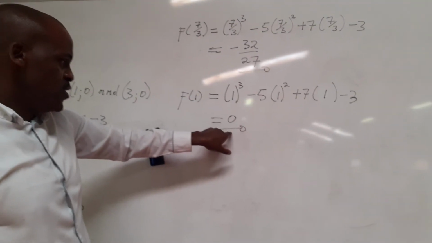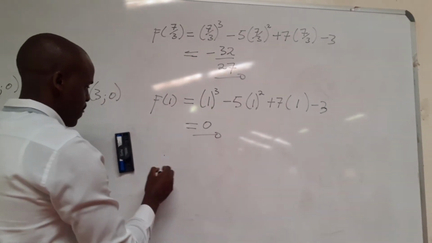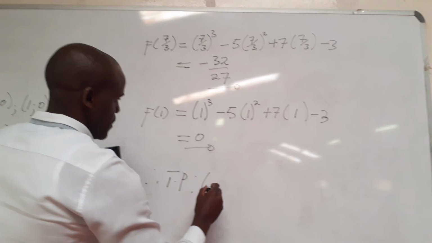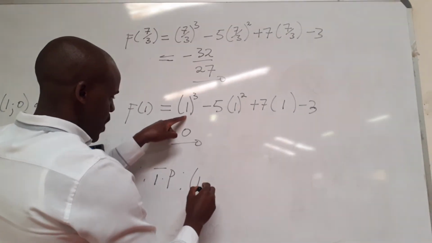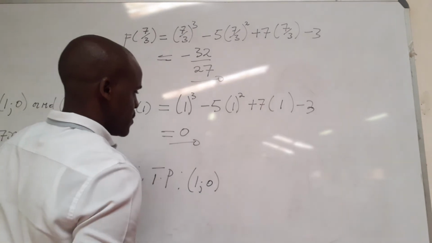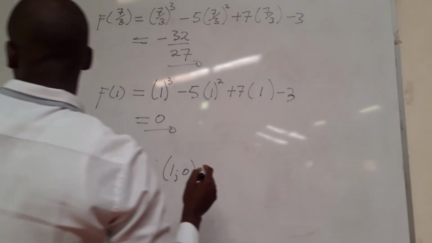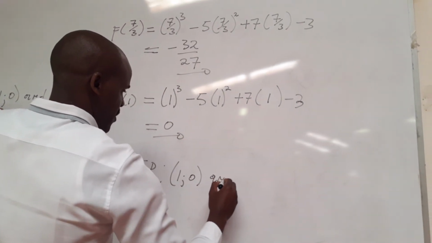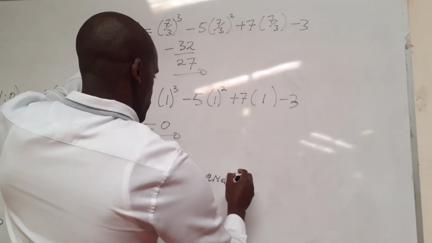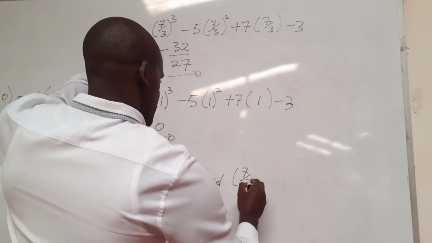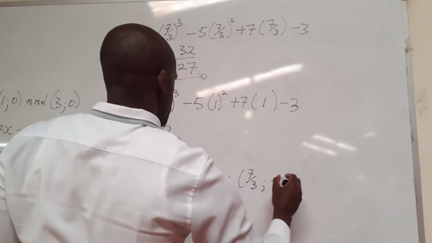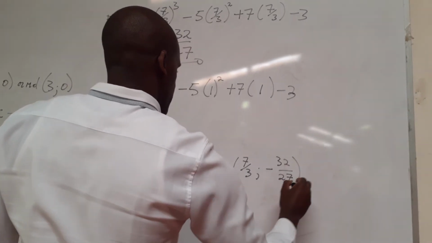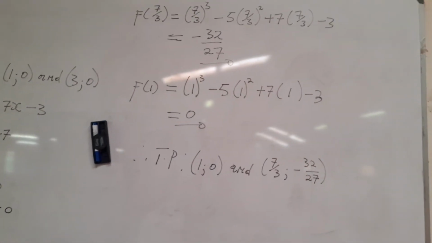If you put 1, your y will be 0. Therefore, turning points: we've got (1, 0). As you can see here, we had two equal roots. And the other turning point is (7 over 3, negative 32 over 27). And then we've got all the points.